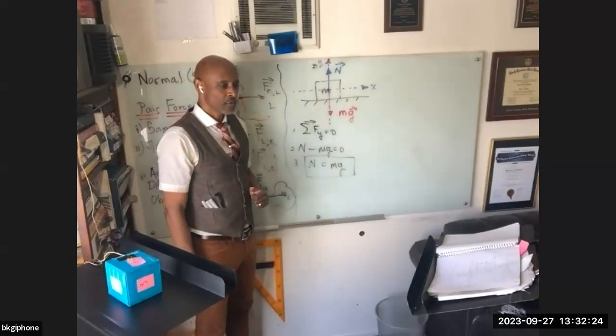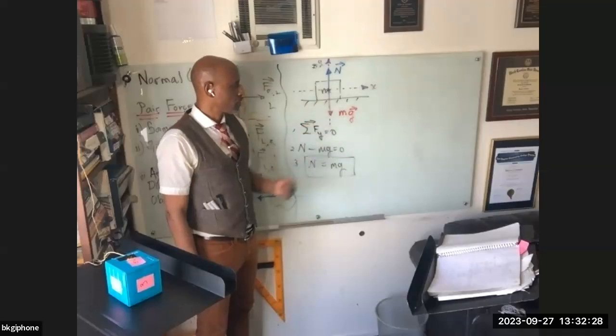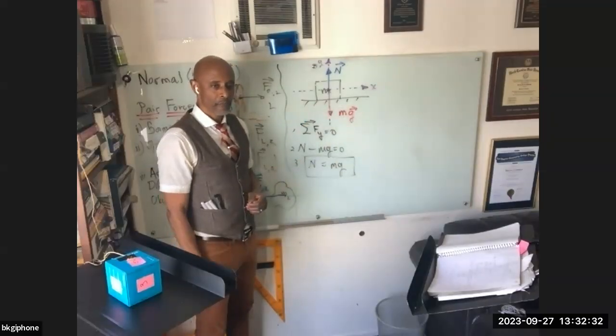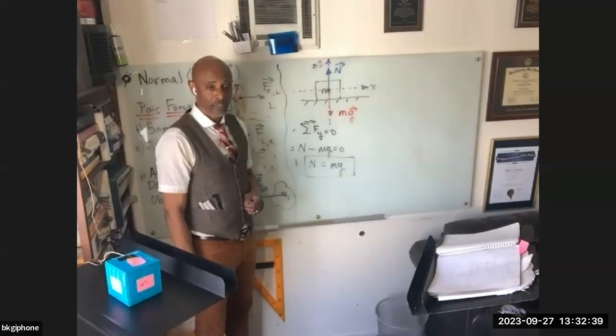What is the source? What is the object that's causing the weight to be on this mass? What creates weight? Gravity. Yes. And where's gravity coming from? From the Earth, the Earth's center. Yeah, from the center of the Earth.